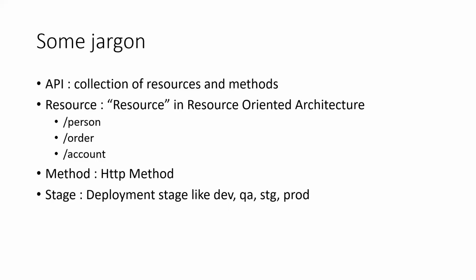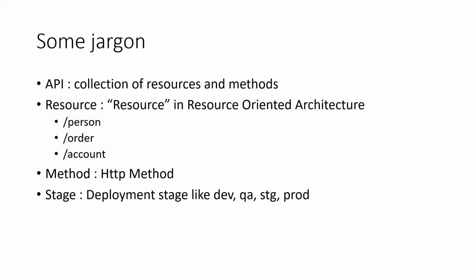So you have your person service, your order service, account service. All of them together, you can combine them and create one single API. So one single front gate. So slash v1, and then you can call your person, order, account, etc.